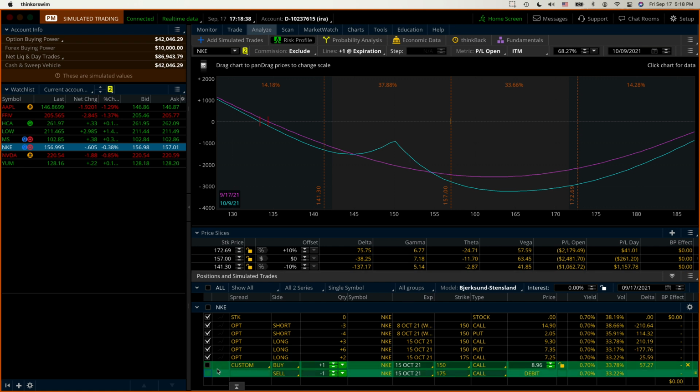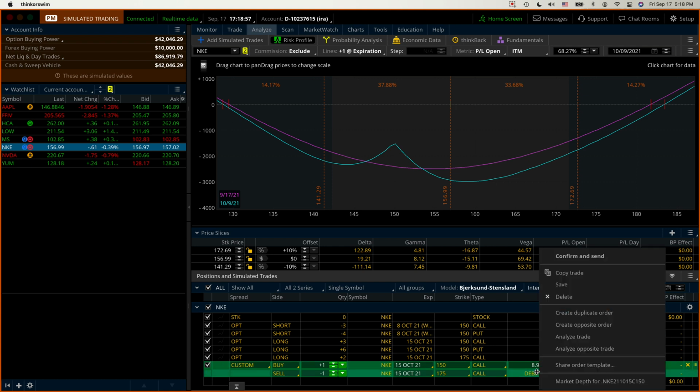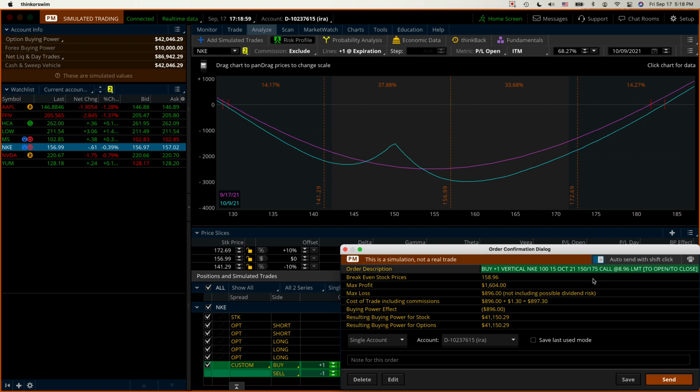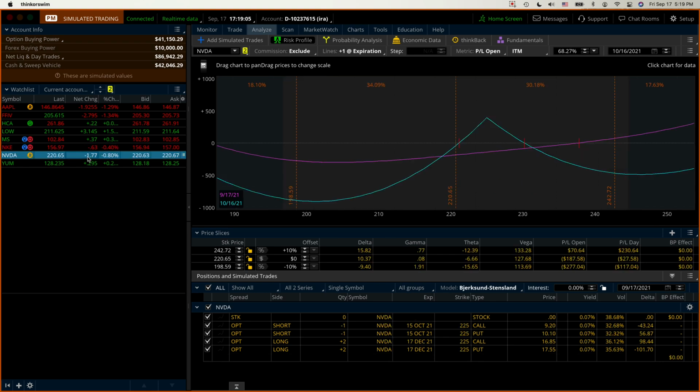So I'm going to do this, okay, rather than add a put, just in case the market goes down further. And so I'm adding, of the $30 that I may have gotten credit, I'm putting back 9. Okay, let's do that. And then let's move on to NVIDIA.